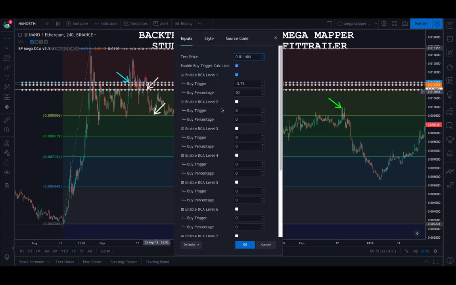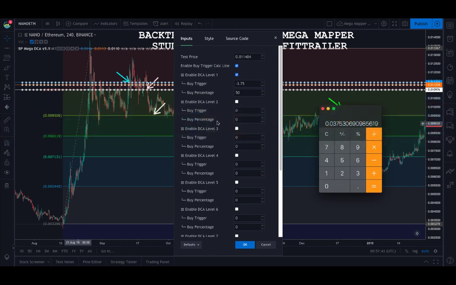And so we can do the next one. So now you can see our average price is the orange line. So we have to take that average price, 0.011258, subtract the next trigger level, 0.009506, divide it by our average price, 0.011258, and we get minus 15.56%.